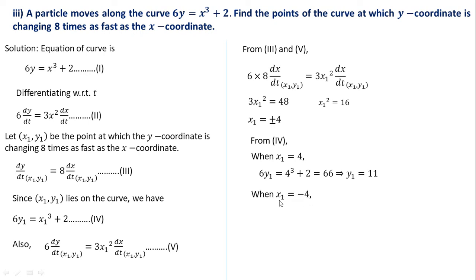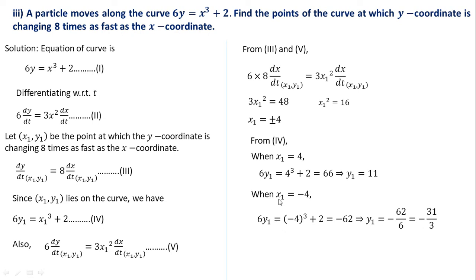Similarly, when x1 is equal to minus 4, you will get 6y1 is equal to minus 4 cube plus 2. Minus 4 cube plus 2 means minus 62. That is 6y1 is equal to minus 62, that is y1 is equal to minus 62 upon 6, and by simplifying you will get minus 31 upon 3.